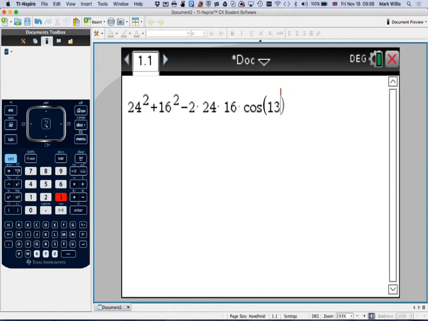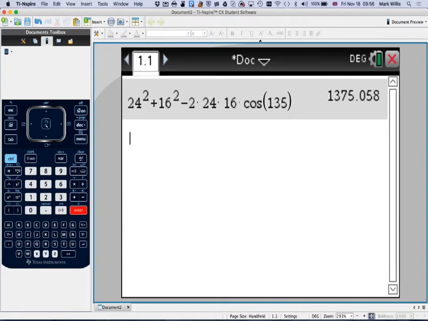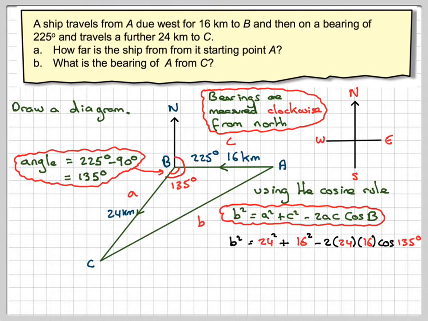Put in 135, press enter, and we get 1375.058. Okay, that gives me b squared, so I need to remember to take the square root of that.